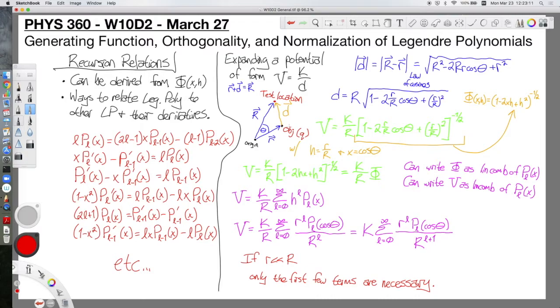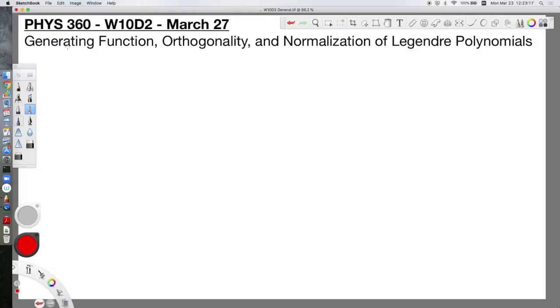So that's all we're going to talk about to do with the generating function. The next thing we have to do here is talk about orthogonality and normalization of the Legendre polynomials. We've already shown that the Legendre polynomials can be combined in a linear combination to represent different kinds of functions.